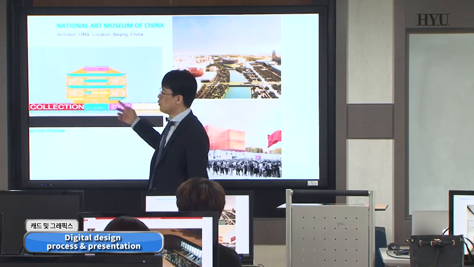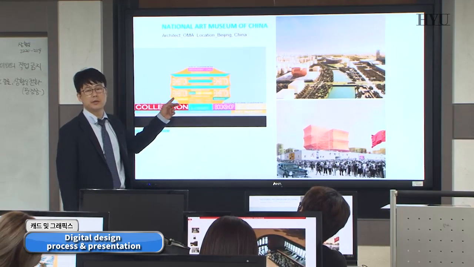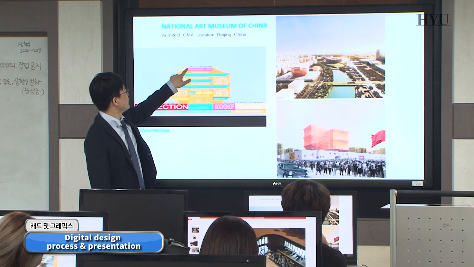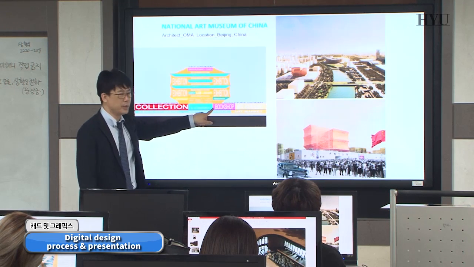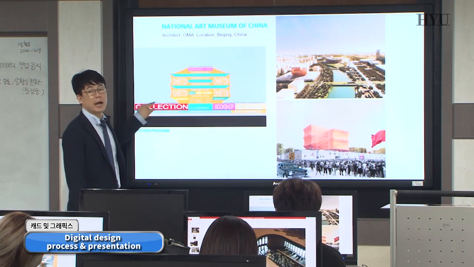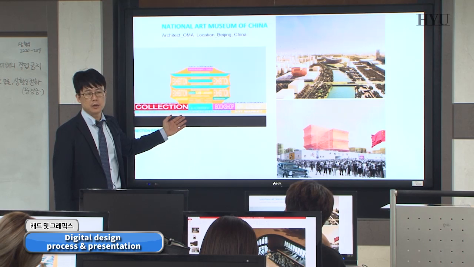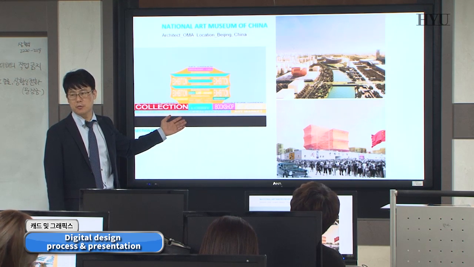So how is this building going to be composed of lots of interior spaces? Take a look. Collection, exhibition, sky garden, and bookshop, lobby. Take a look. Typography with elevation representation in this kind of very colorful color scheme, okay?